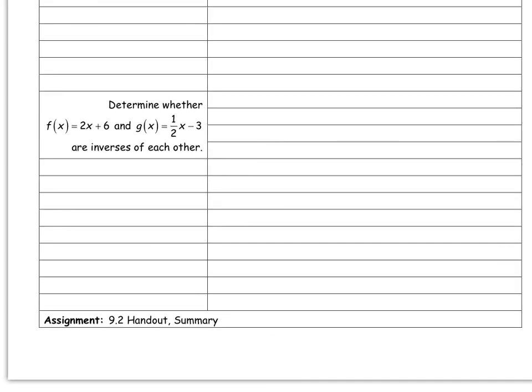So again, I'm going to do the same thing. I'm either going to put this in here, or I'm going to put this in here. One or the other. I don't have to do it twice. I just have to do it one time. So this time I think I'm going to do f of g of x. So that equals f of 1/2 x minus 3.